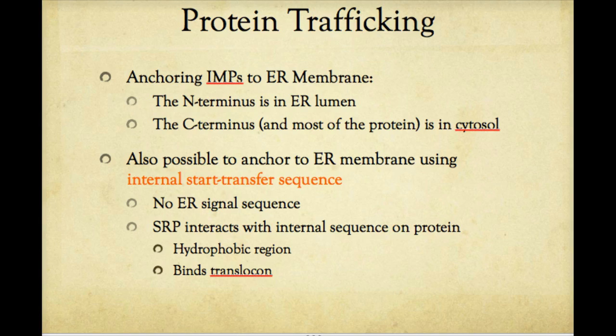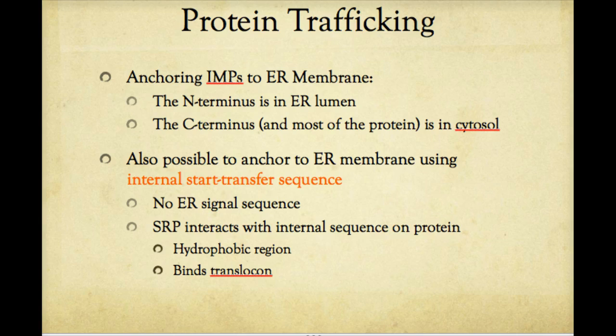It's also possible, though, to create an integral membrane protein inside the ER membrane that is reversed from that. In other words, it's possible to have a protein embed in the ER membrane where most of the protein ends up at the N-terminus and only a small amount at the C-terminus.